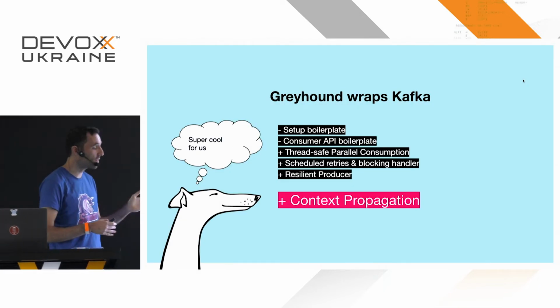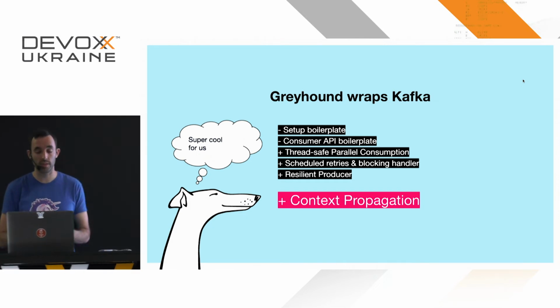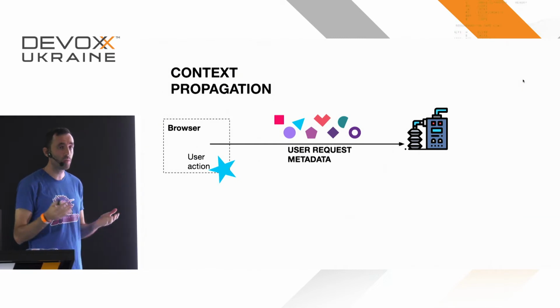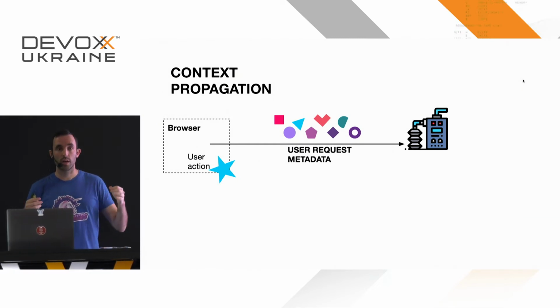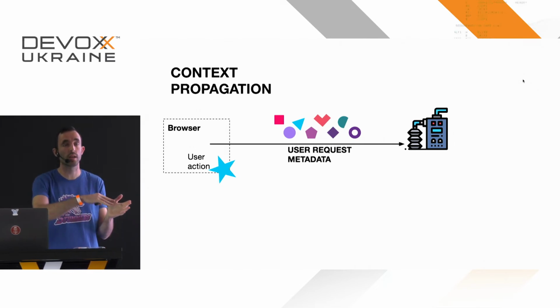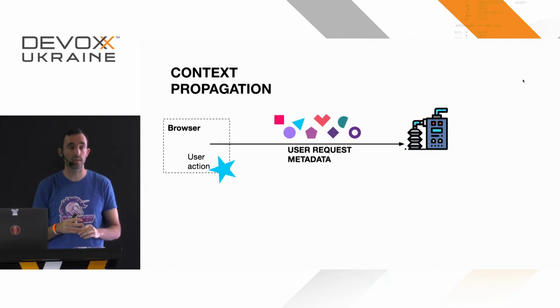Okay, so something very important for us at Wix that Greyhound offers is context propagation. For almost any company, it's important to know who initiated some request when it travels throughout all the microservices in your system.